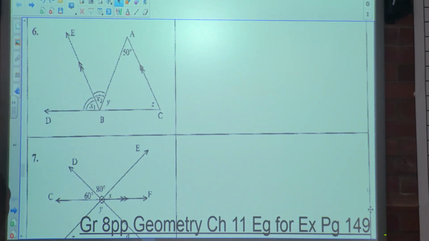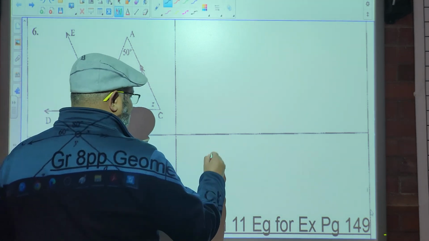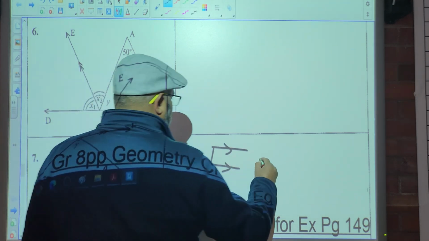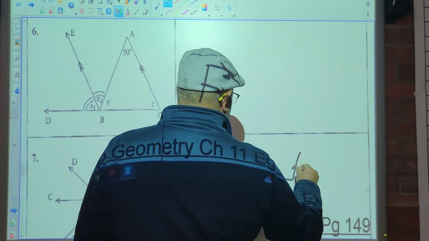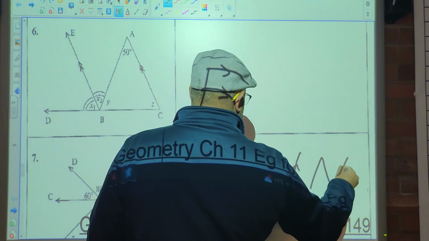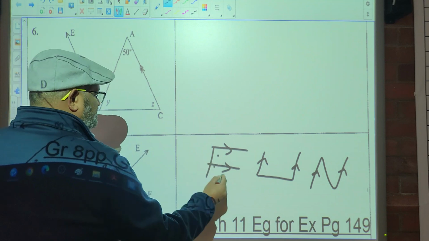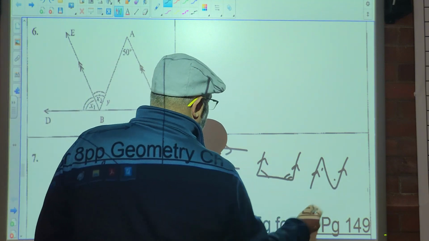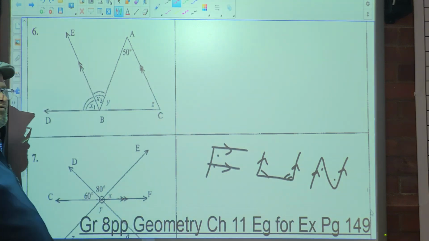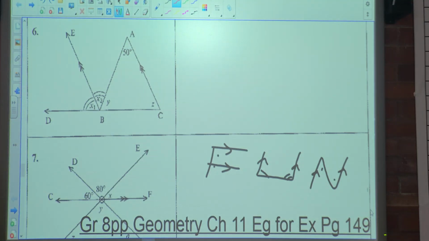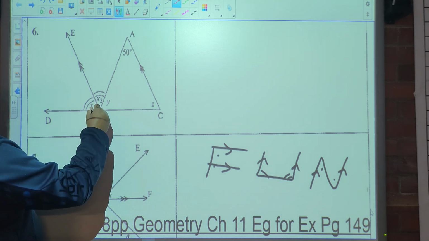Again we have parallel lines. So what must come to mind? If those angles are equal, or that adds up to 180, if and only if, then the lines are parallel. So what can be calculated first? X. How are you going to calculate x? Can I make an F?